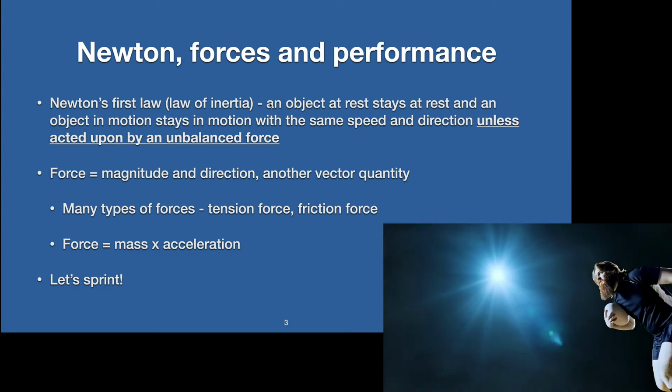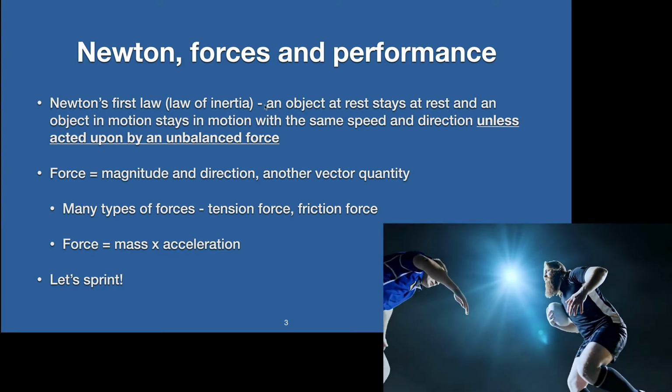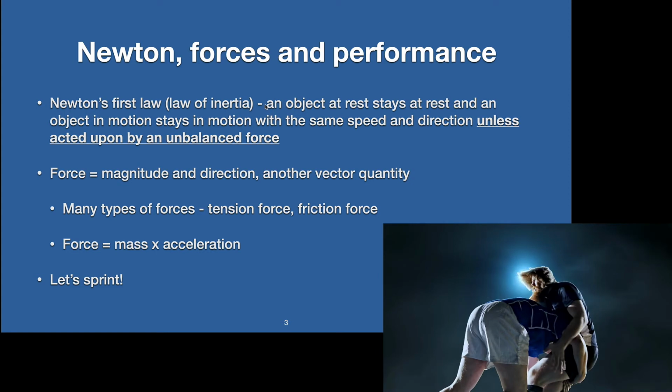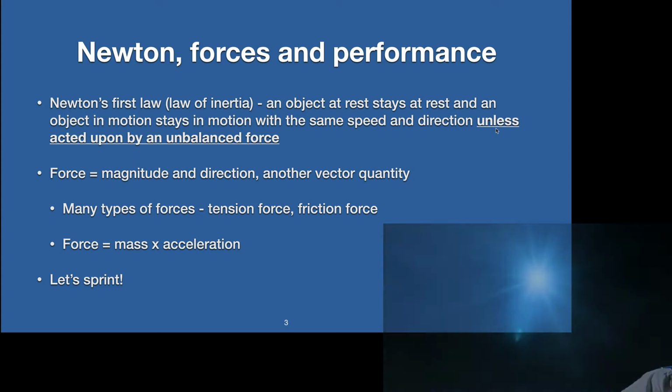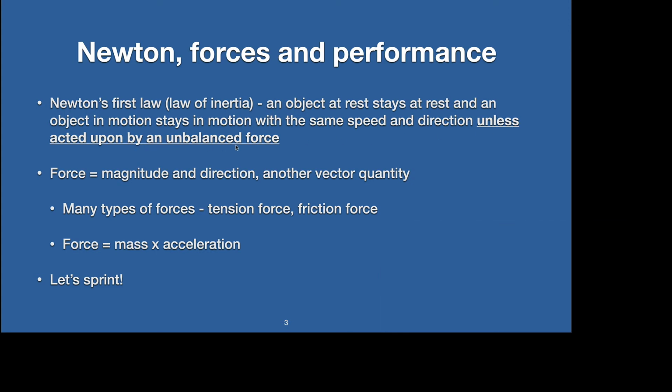The only way we can get that sprinter to move, and to move quickly, is to apply an unbalanced force. So we have to apply a force in a particular magnitude and in a particular direction to get them to move. The best sprinters are going to be able to apply massive forces in the direction that we want, specifically to the finish line, right?